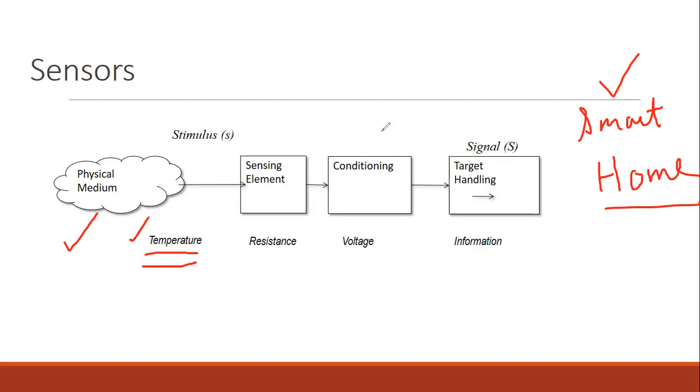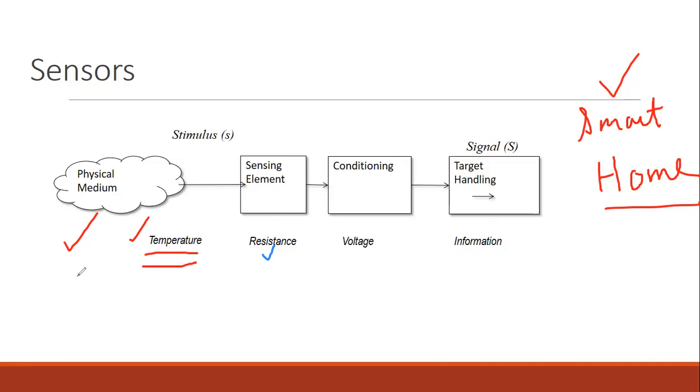The second component inside this sensor is the sensing element. Here, in case we want to measure temperature, the sensing element is a resistance. Now, the property of this sensing element will change with temperature.